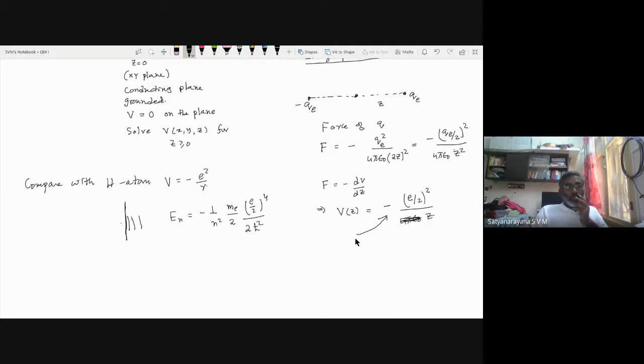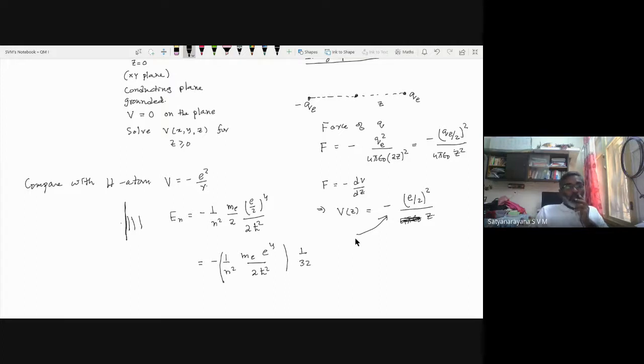That means if you look at this, this is minus 1 by n square into, if you calculate me into e to the power 4 by 2 h bar square, this is the hydrogen atom energy levels. Okay, and what are the other things that I have? I have 1 by 32. Correct.